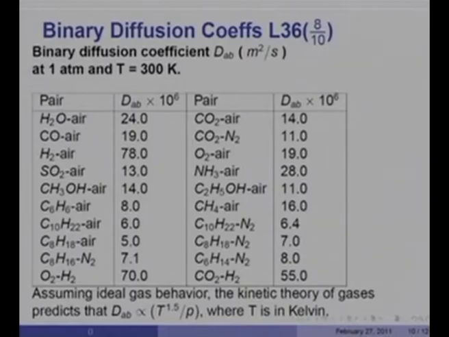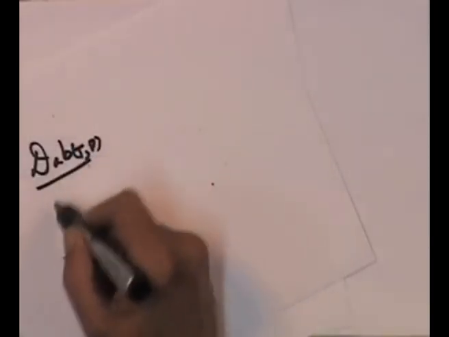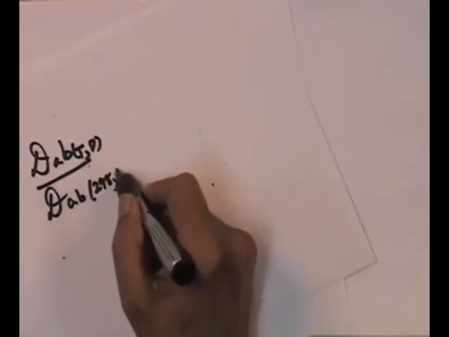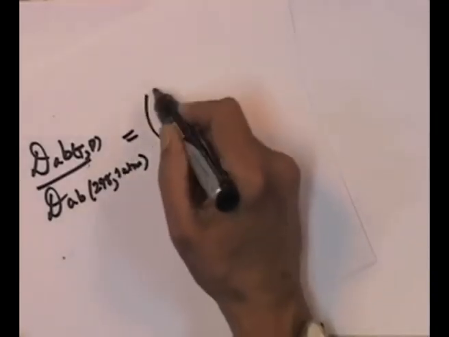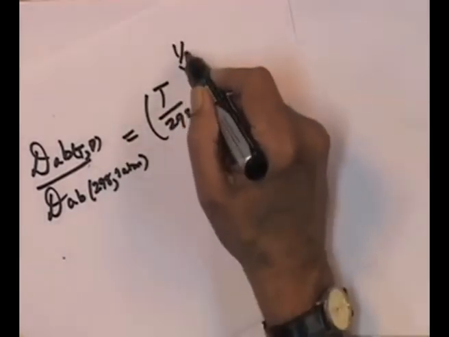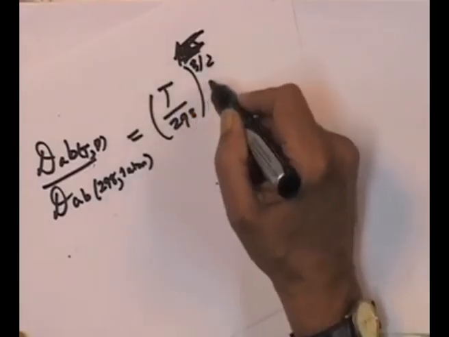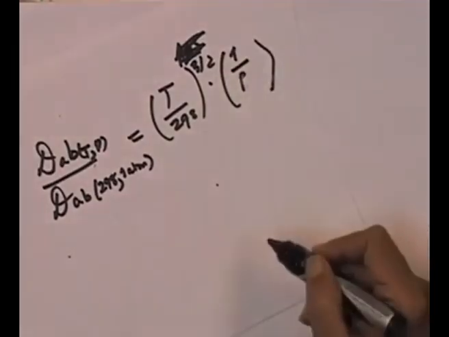simply make a correction. So, D_AB at any temperature and pressure divided by D_AB at 298 K and 1 atmosphere is simply T divided by 298 raised to 1.5, or 3 by 2 rather, divided by 1 over P. So, that is how one calculates.